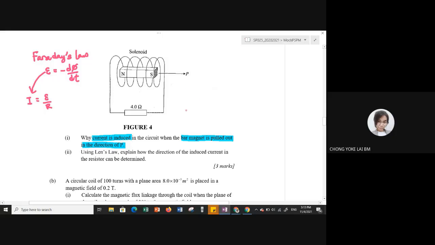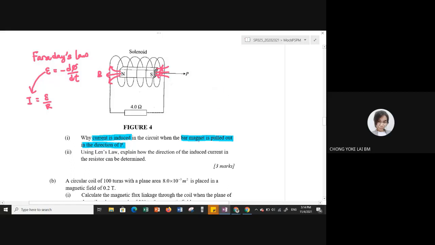So, bila magnet bar ni ditarik keluar, magnet ni ada magnetic field. Kalau ini N, ini S, kita akan ada magnetic field macam ni. Magnetic field line akan keluar macam ni, masuk ke dalam sini macam ni. So dalam magnet bar ni kita ada magnetic field line. So bila dia tarik keluar, the magnetic flux akan decrease.